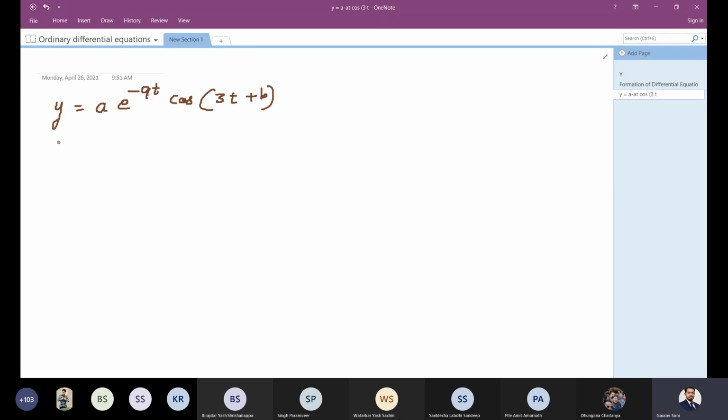I'll differentiate it once, so that becomes dy by dt. The independent variable here is t, so I am differentiating with respect to t.